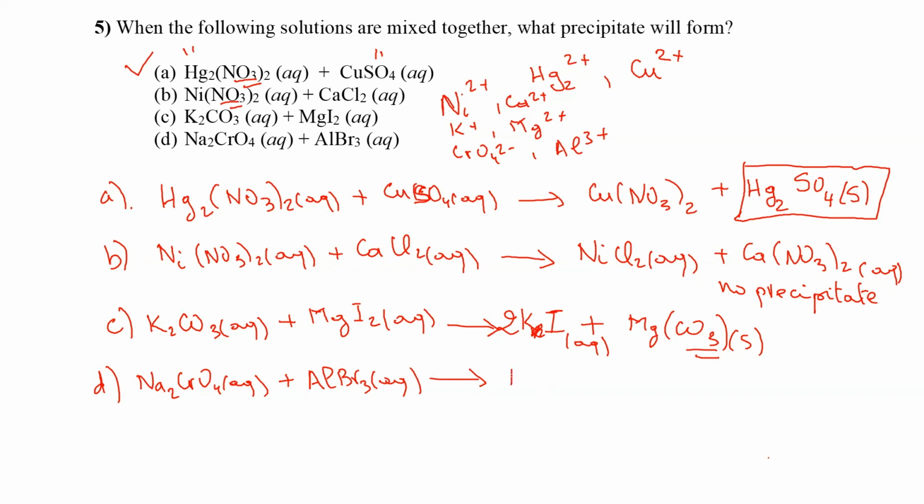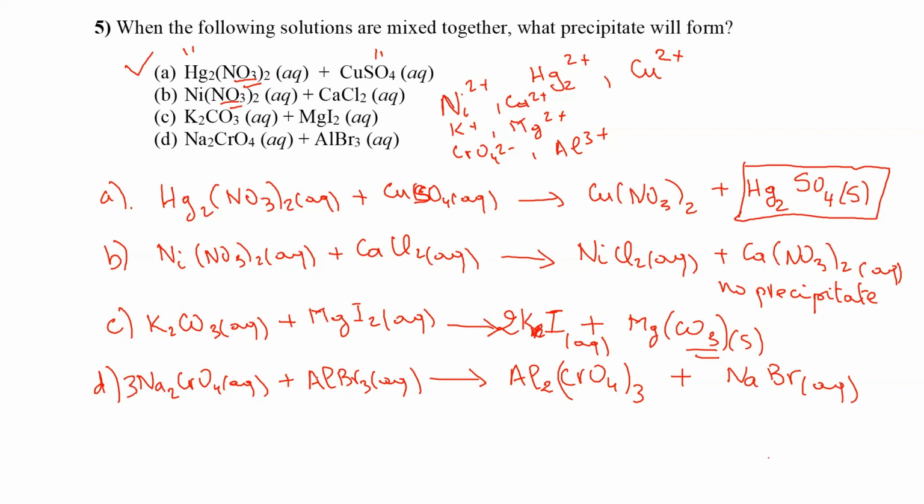So we have aluminum, 2 times chromate, 3, plus we have sodium with bromide that is soluble, sodium bromide, and this is aqueous. So we need to balance our reaction. You have 3 times here.